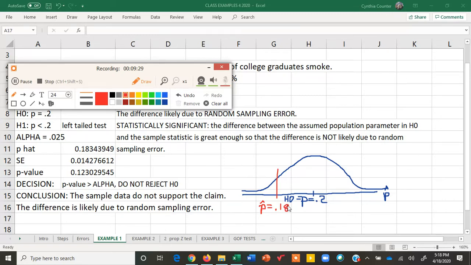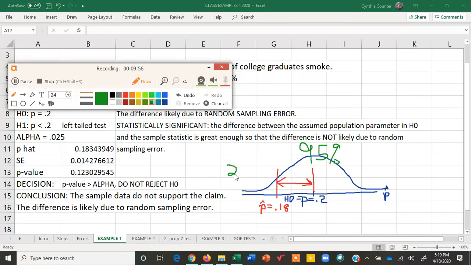So we want to know then, is the difference between these two values likely due to random sampling error, which means if it's likely due to random sampling error, then that's basically saying that it's part of the middle 95% and not the bottom 2.5%.